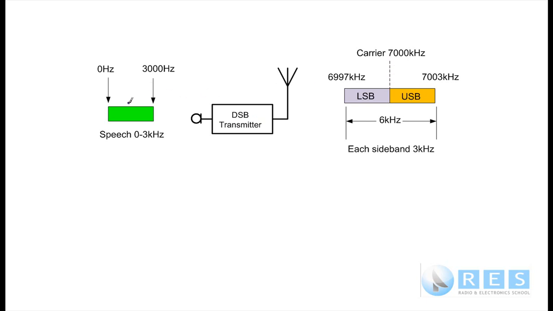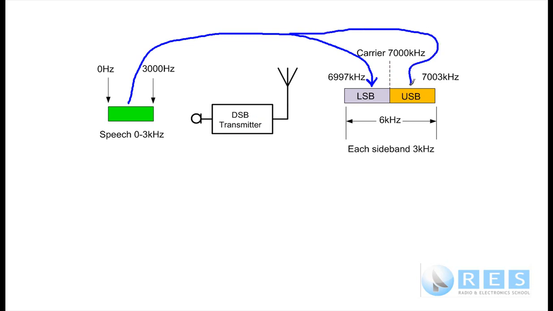The voice frequencies are translated to two bands of frequencies, the lower sideband and the upper sideband. Now, what's happened is that these voice frequencies have just been moved in frequency to radio frequencies.